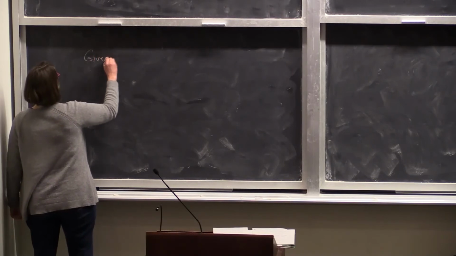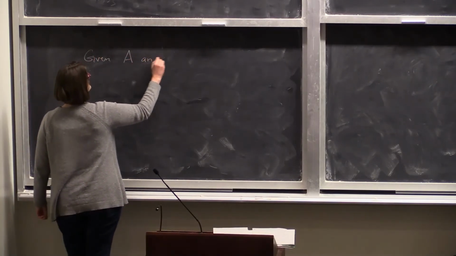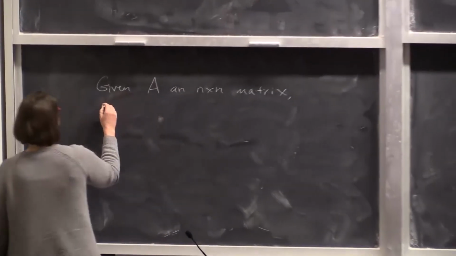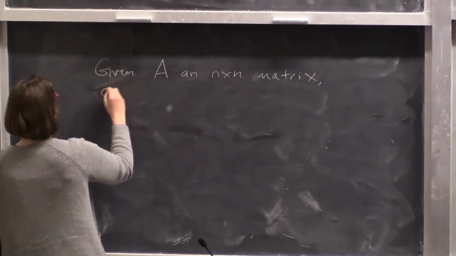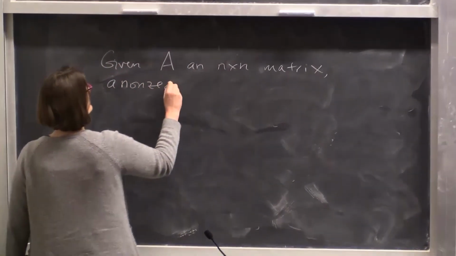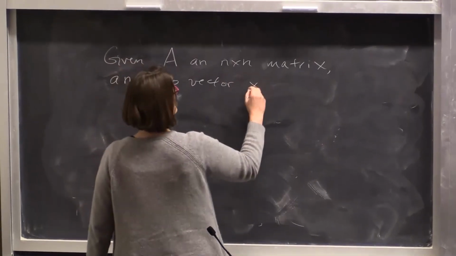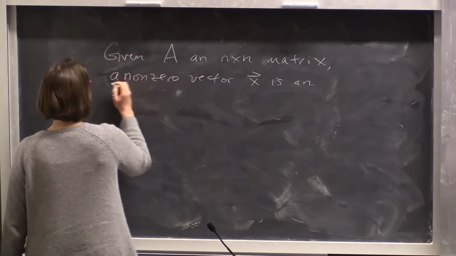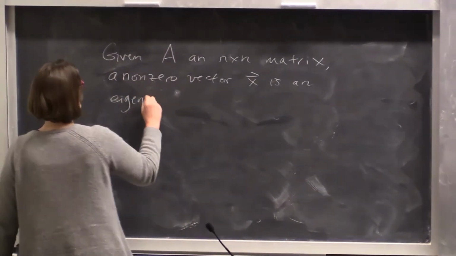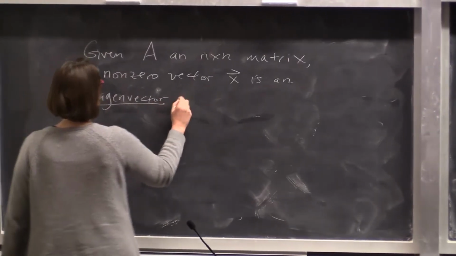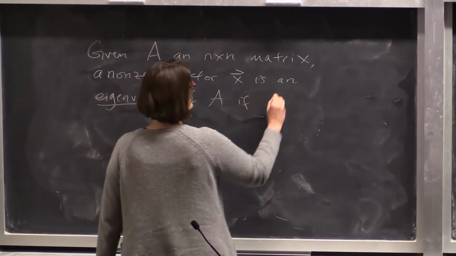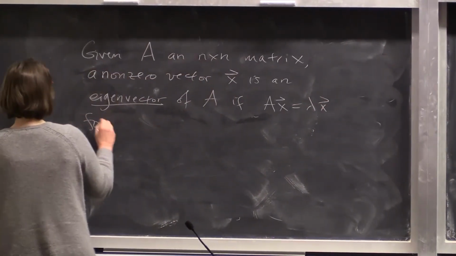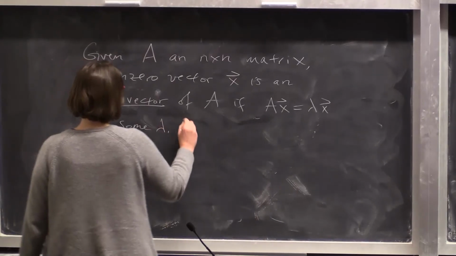Given a square matrix A, a non-zero vector x is an eigenvector of A if A times x equals lambda x for some lambda.